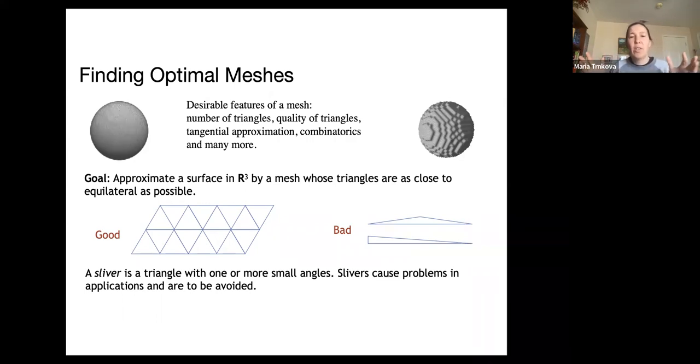If you have a triangulation of an airplane and you want to do testing for crashes, for example, you'll do some simulations and you have to solve differential equations. And you just cannot, because you'll get huge errors and the result won't be accurate. So in order to have accurate results, you want to avoid this shape of triangles.